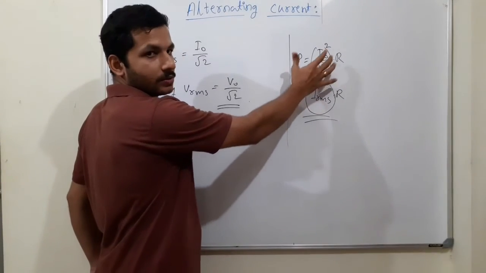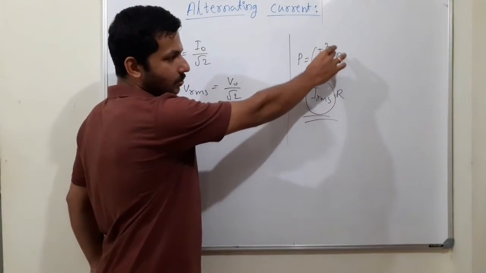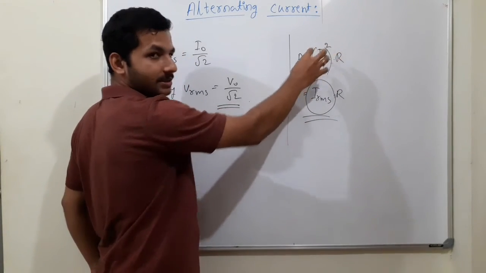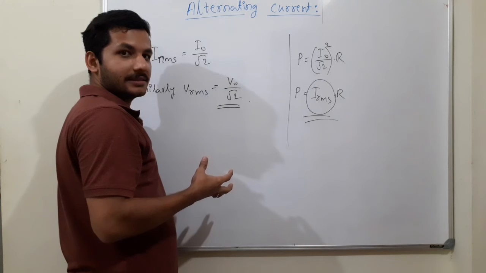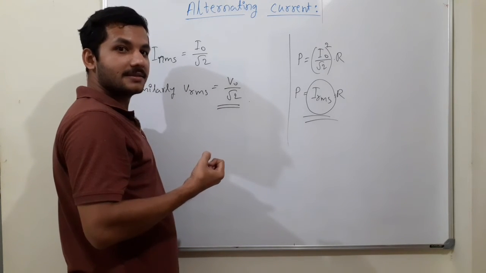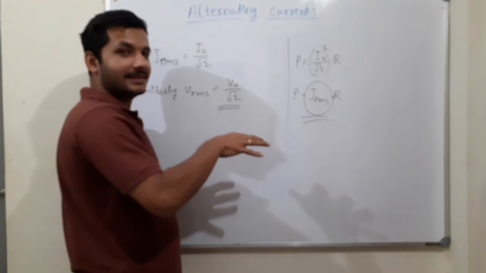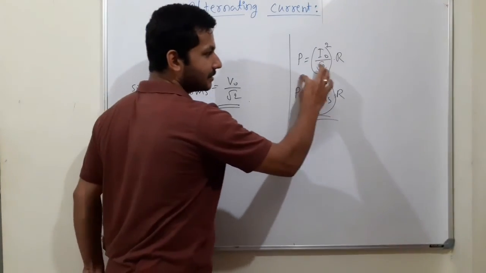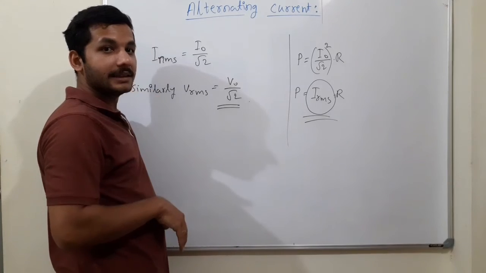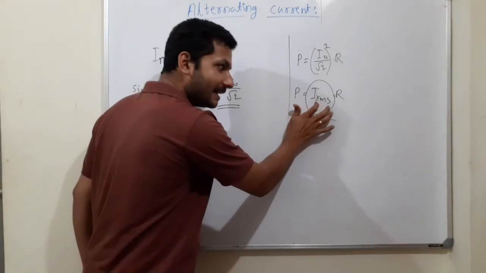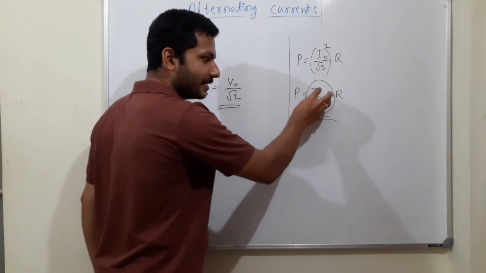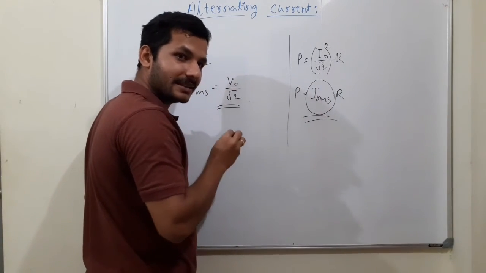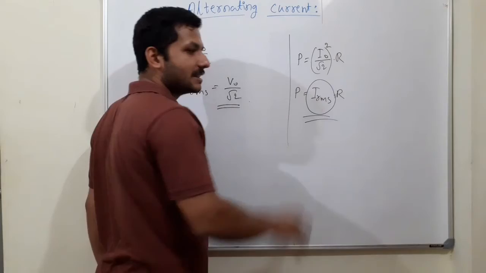P is equal to I naught by root 2 whole square into R, where it is the amount of current that would produce power loss as that of AC when you talk about DC. Okay, it is the expression obtained by AC. Here IRMS is nothing but the amount of current required for DC to produce this much power dissipation.